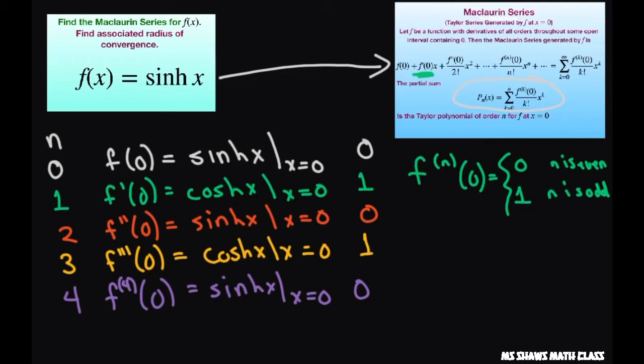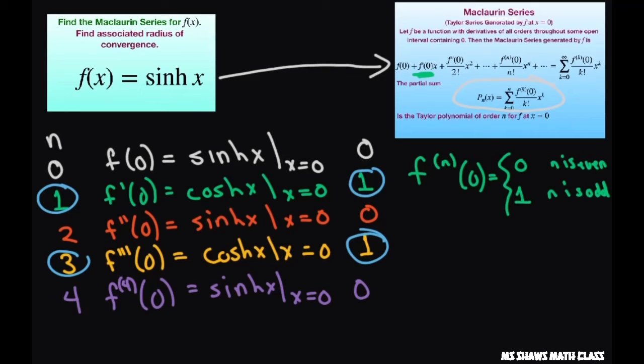So every time that it's 1, so we have 1 here, that's odd, that's a 1, that's odd, and it's 0 every time we have even. So that's that. And now let's go ahead and write it as a sum.